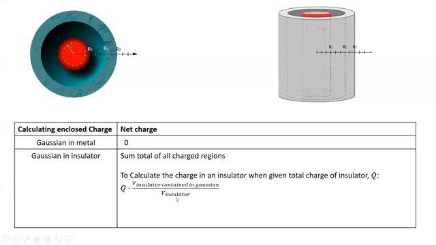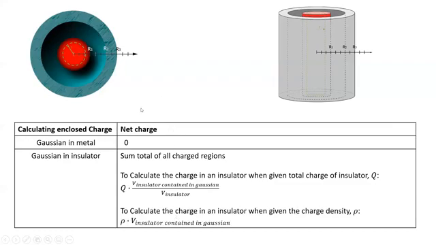That would be for the volume of the insulator. So what would the volume of the insulator contained in the Gaussian be? Well, it would be 4/3 pi r of the Gaussian cubed minus 4/3 pi of the inner shell, or inner radius here, cubed.